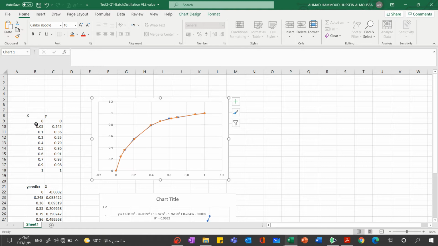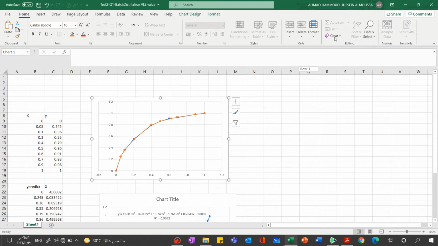So this is the line, the blue one. You will know what the red one is after that, but first let me disable the red one so that you will not be confused.